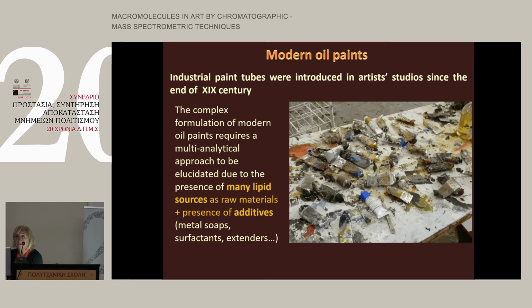So together with linseed or walnut or poppyseed oil, they also put some other material, some other liquids, some fats, some wax, and very, very often they used a mixture of oils. So this means that I cannot rely on the meaning of the P on S ratio, and I need something else to understand the origin of the oil itself.